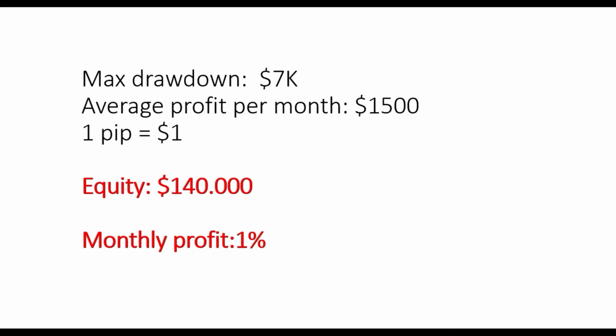So you need to have $140,000 if you want to trade and have a maximum drawdown of $7,000. If your average profit per month is $1,500, it's a monthly profit of 1%.